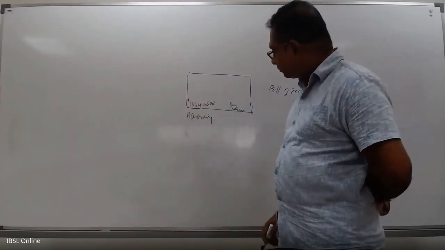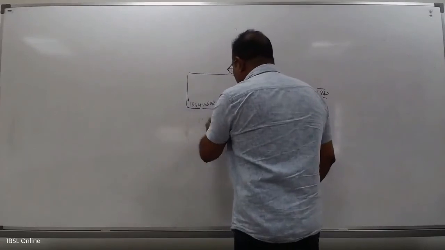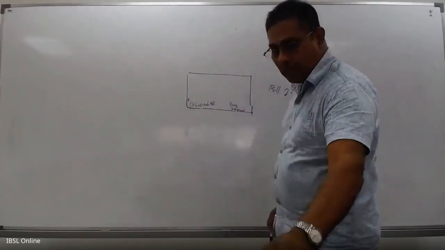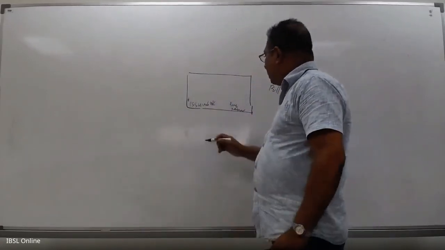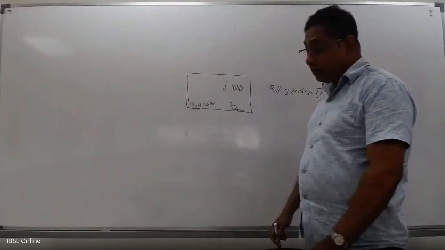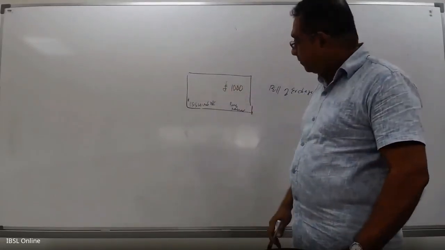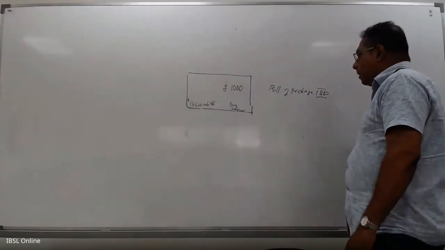So we'll say drawn on the issuing bank. So we'll give a value here, pounds 1,000. So the value of the LC is 1,000, we'll say million.